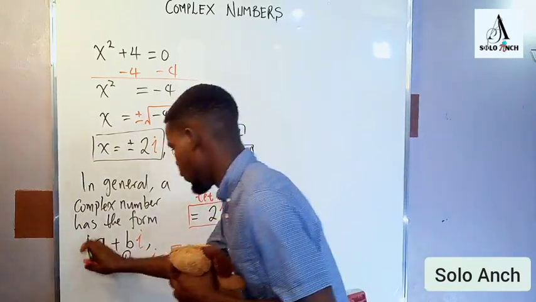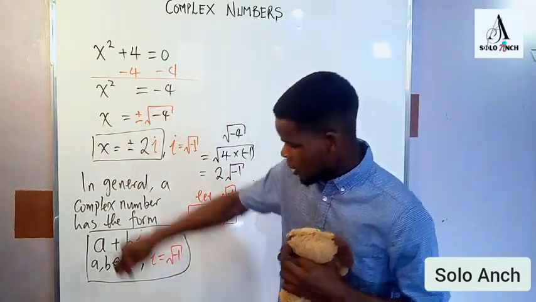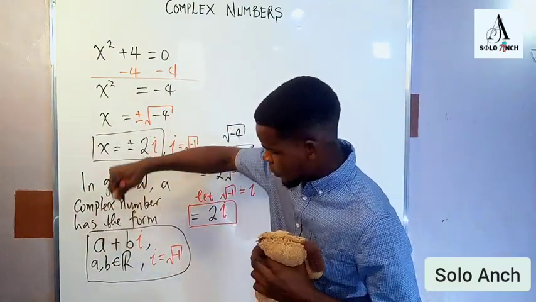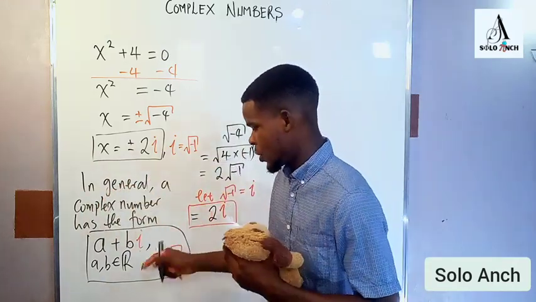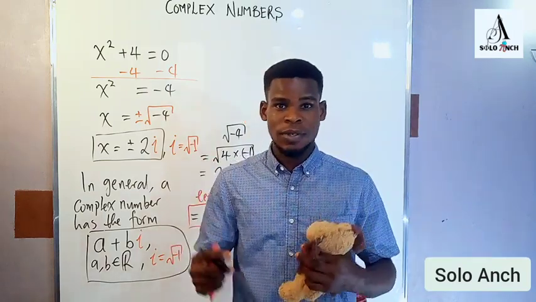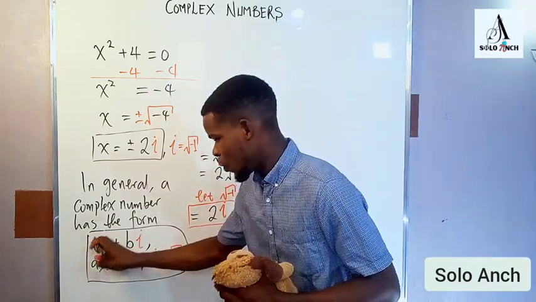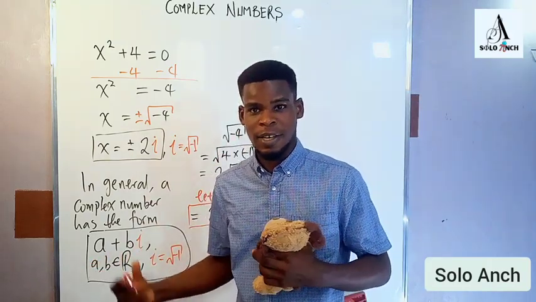Good. So this is the general form that any complex number has. a plus bi, where a and b are normal, real numbers. Then this i is the square root of -1, since we can't get a real solution for that. So this form here, we call it a complex number. All right, that is a complex number.